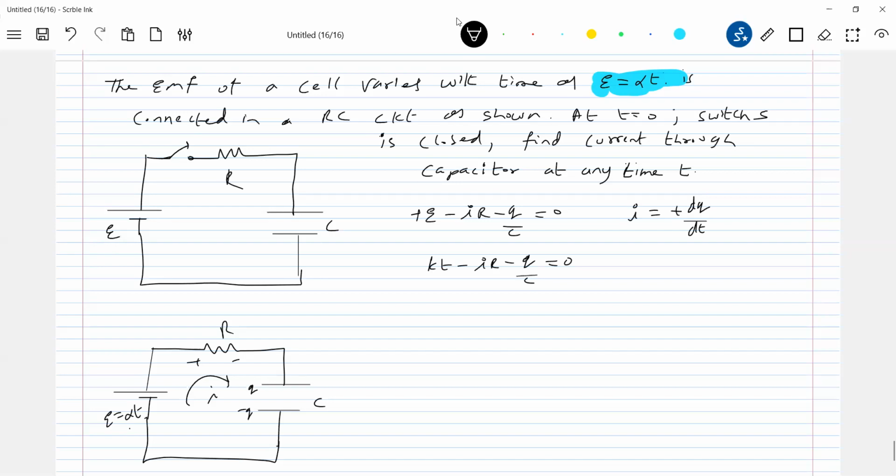So shall we do one thing? First we'll find the charge, then we'll differentiate it. Here K is some constant, so I can write it in terms of dq by dt. Can you integrate this? Is it possible to integrate? We can integrate, but since you were not taught, it is not in your syllabus.